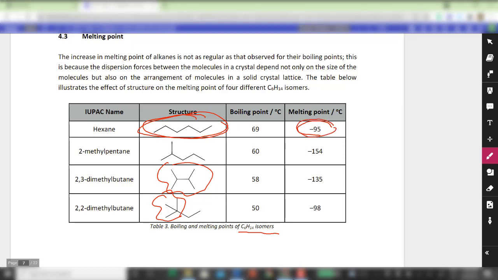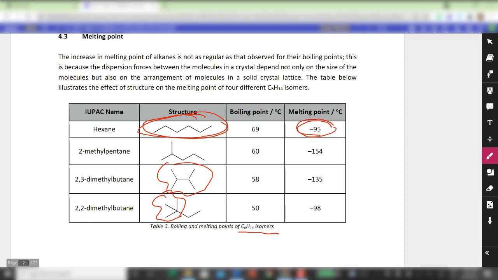That's because it is easier to pack a regularly shaped structure in the crystal lattice. And if they are packed well, that means stronger dispersion forces could exist between the molecules.